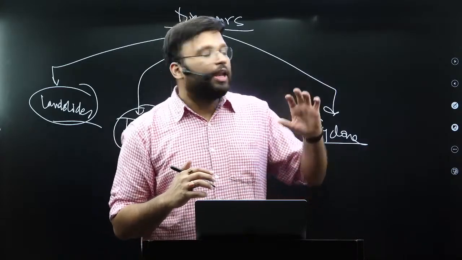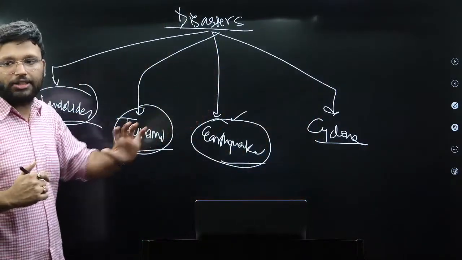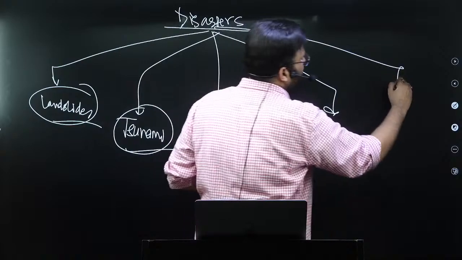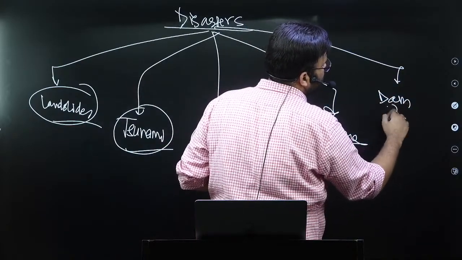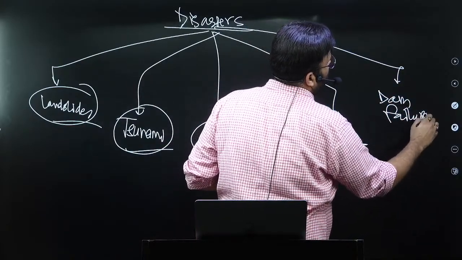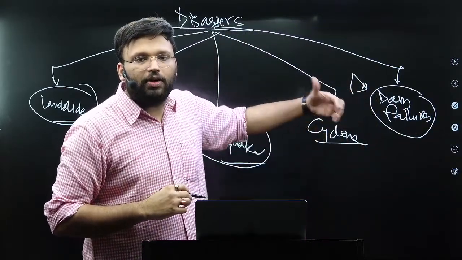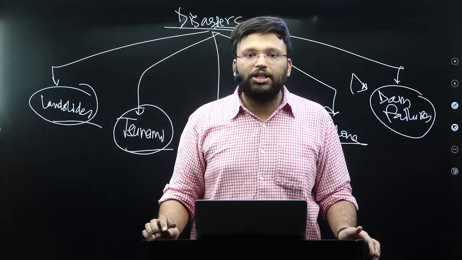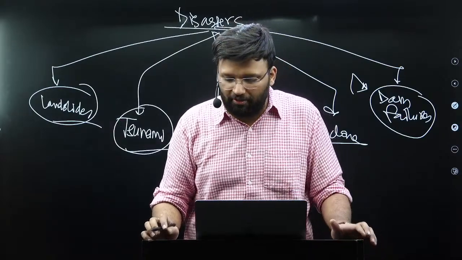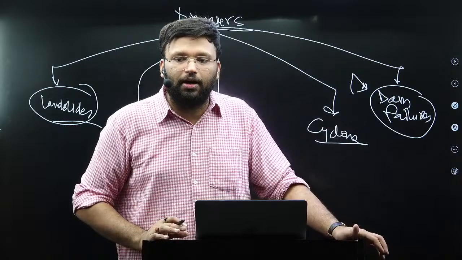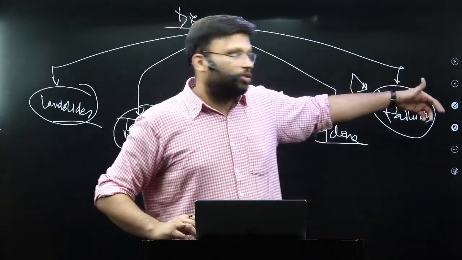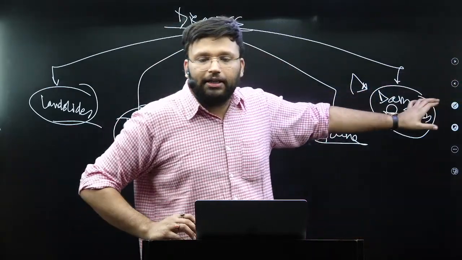So for every disaster, for example, if we talk about dam failures, in an exam-like scenario you will never be able to think about what the dam failures were, because as such there have been no very major and very well known dam failures, right? So what is one way to handle it?